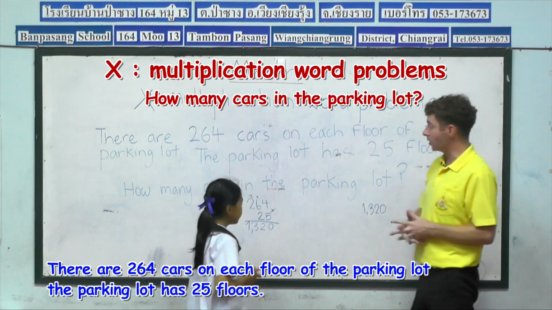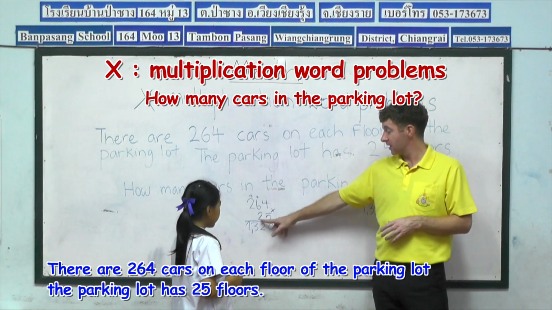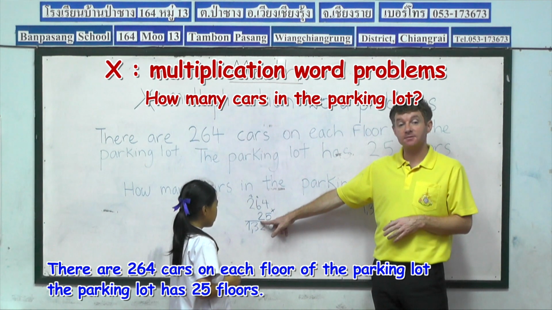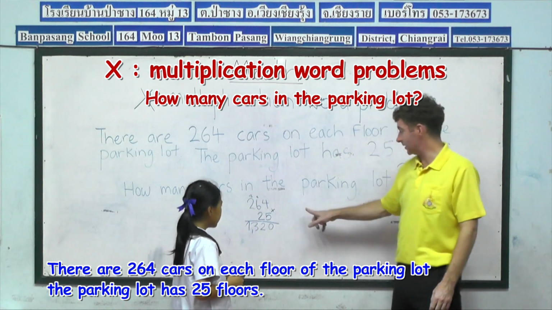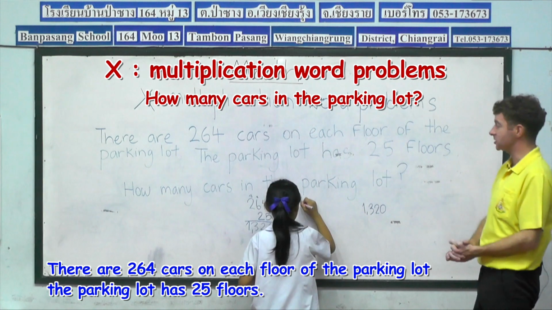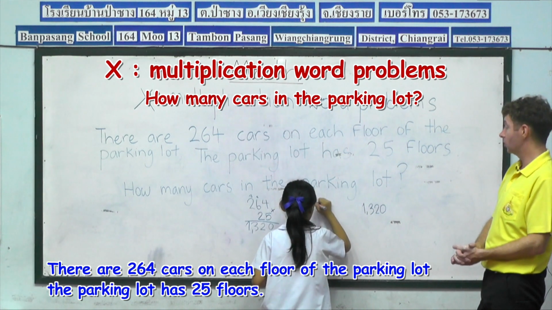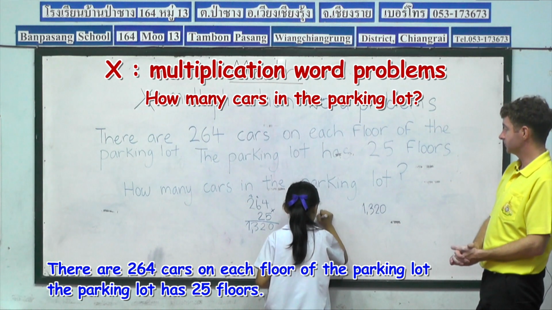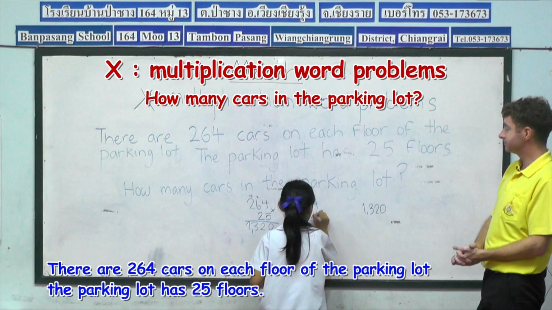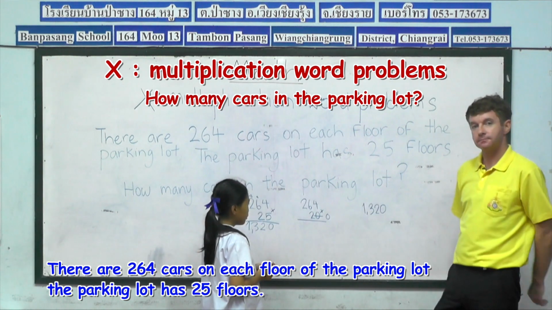Then we move on. From the ones, we do our tens multiplication. How many tens do we have, guys? 20. 2 tens equals 20. So we can write our next calculation here. 264 times 20. And what do we do with the 0? Delete the 0. So 2 times 4 equals 8.